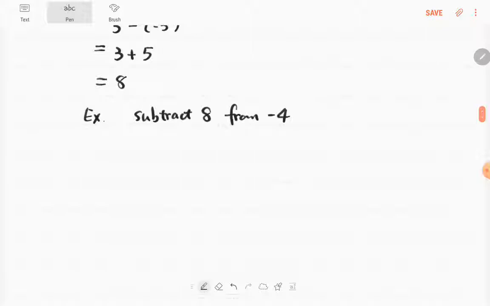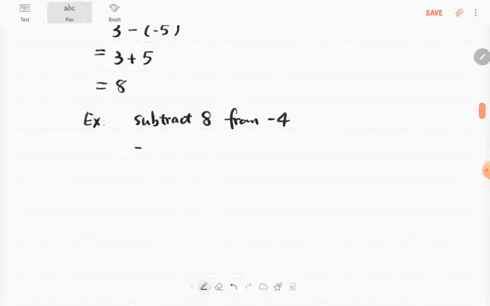So the order will be important here. Subtract 8 from negative 4. So the first number is negative 4. Then we subtract 8 from negative 4. So when you translate this kind of problem, make sure the order is very important.